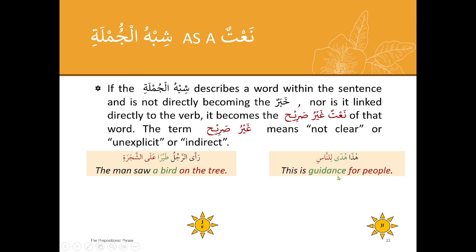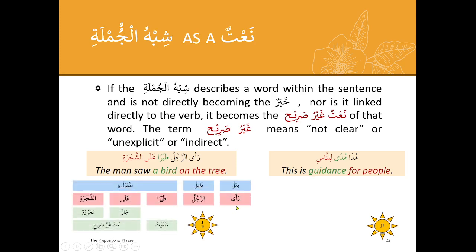And here we have a Jumlah Ismiyyah. هذا هدى للناس. This is guidance for people. What's the tarkib? You have fi'il, fa'il, then maf'ul bihi. This whole thing is maf'ul bihi.